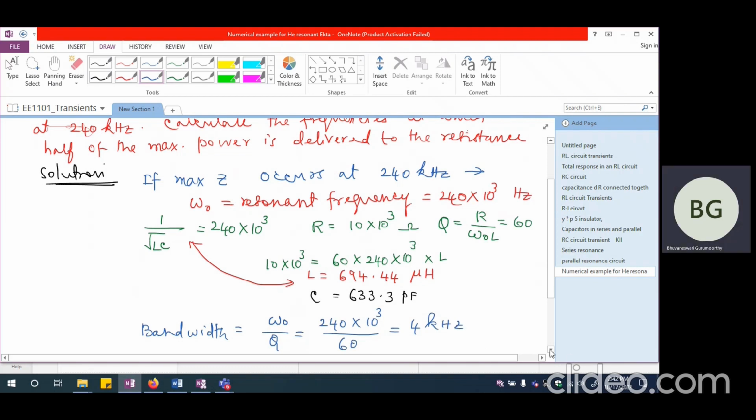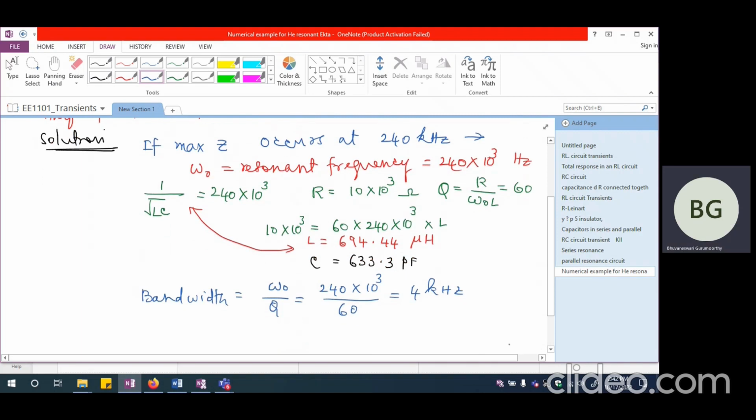So 4 kilohertz happens to be the bandwidth. So omega L is going to be 240 into 10 power 3 minus beta divided by 2, so that is minus 2 kilohertz.